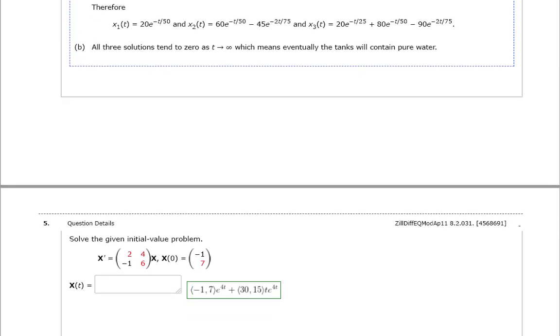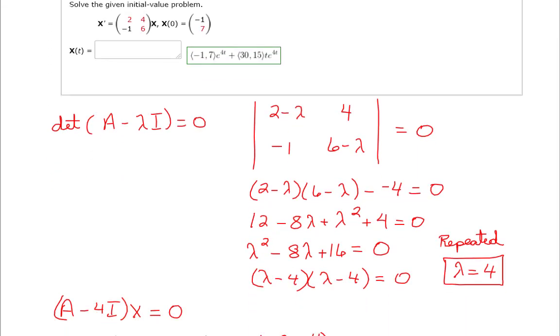In our last problem, looks fairly simple, but turns out to be a bit of a problem. Alright, it's just a 2 by 2, so I try to form the determinant A minus lambda I. So here's my determinant equals 0. Downward diagonal minus this minus 4.